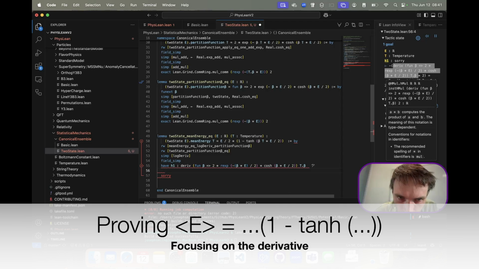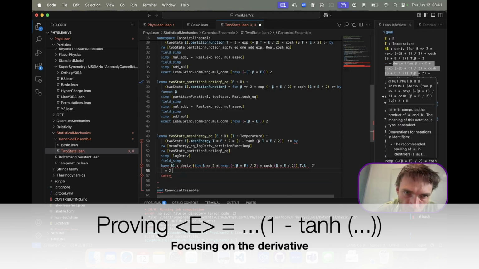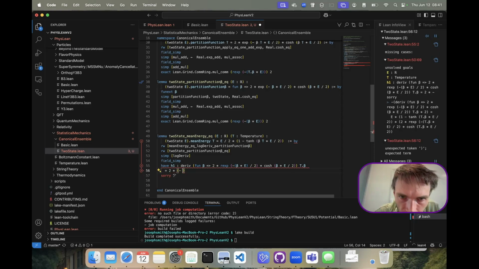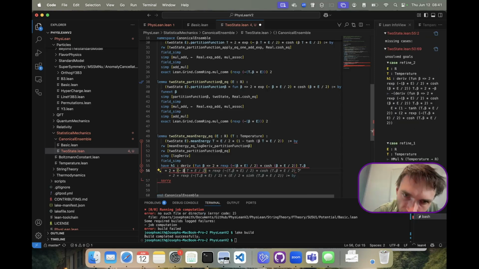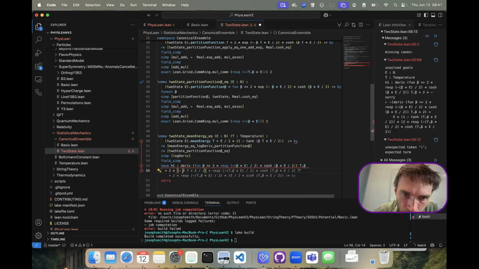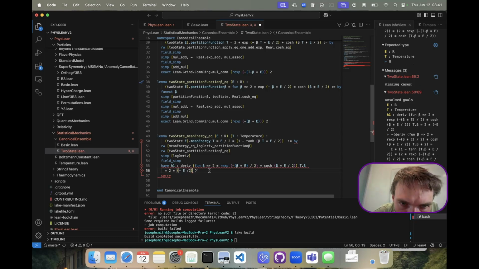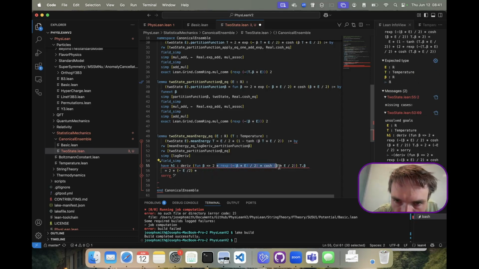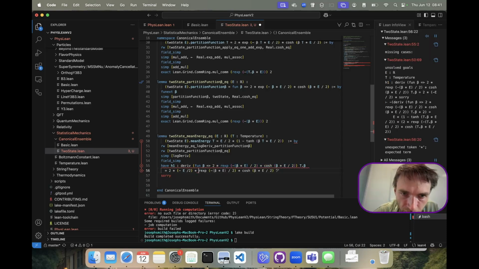And what do we want to show? We want to show that this is equal to 2 times... what? So it is going to be minus beta, no, minus e over 2 times this thing. That's when using the chain rule when you've done derivative on the exponential.